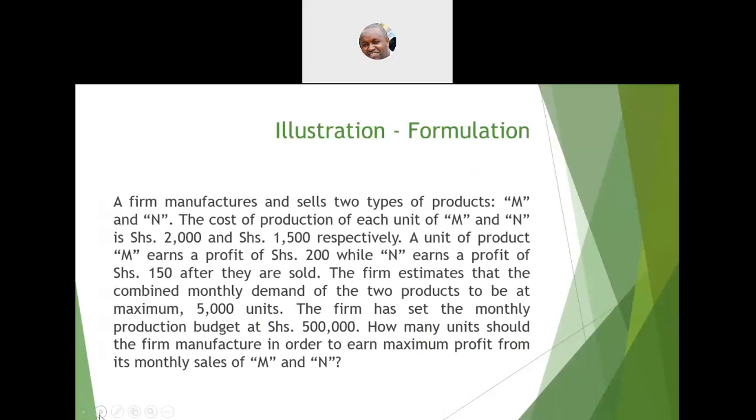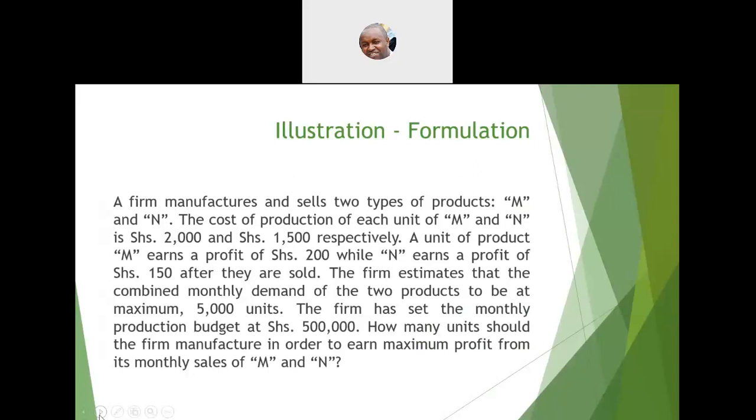Please take some time and look at that question. Maybe you may want to copy it down. We are told a firm manufactures and sells two types of products, M and N. The cost of production of each unit of M and N is shillings 2,000 and 1,500 respectively.